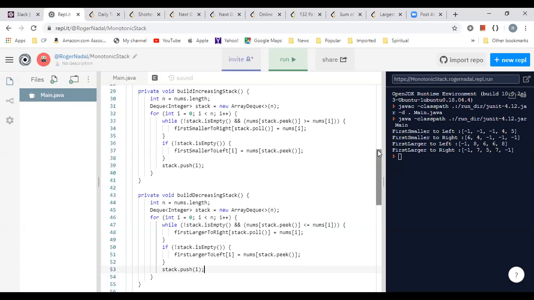So using this build increasing stack function, if we just traverse the array from right to left, we should be able to come up with first larger to left and first larger to right. Worth a try. Please go ahead and experiment. That's the reason I gave this code, feel free to tweak it. Thanks. No problem.